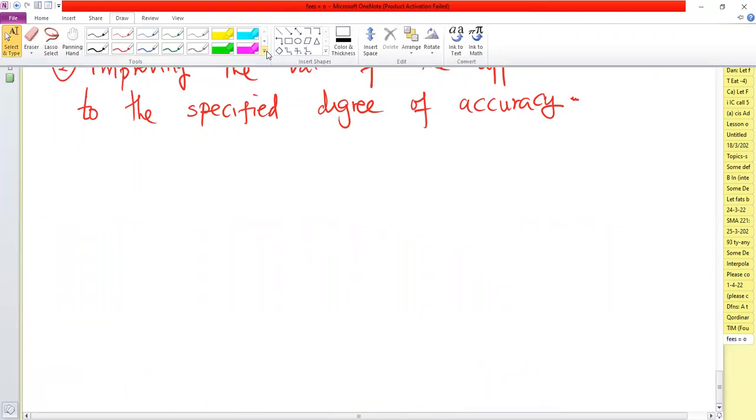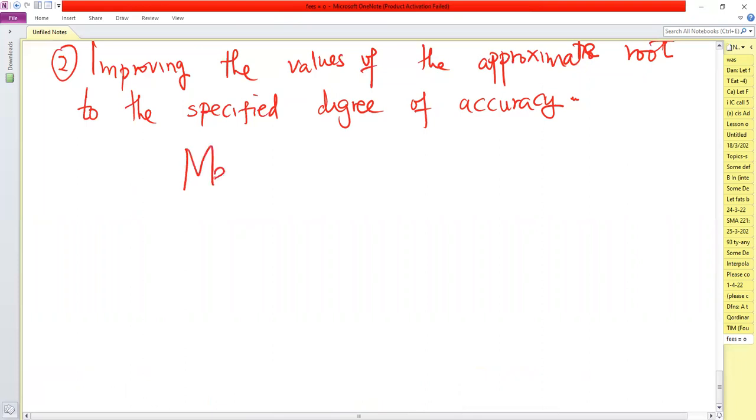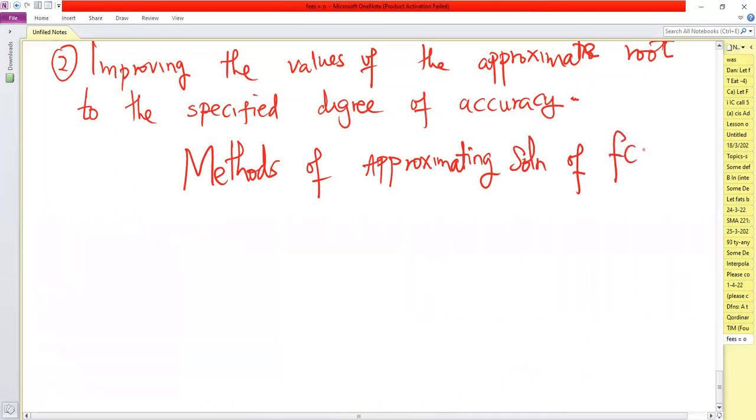So, methods of approximating the solution of the equation f of x equals 0. We are going to discuss 4 methods, and we are going to list the order in which we'll be discussing each of them. The first method is what we call the bisection method.